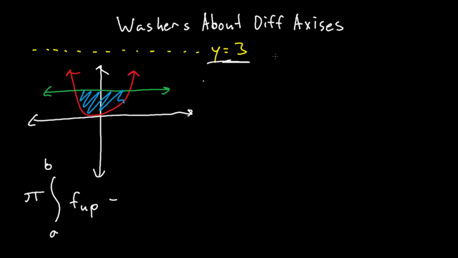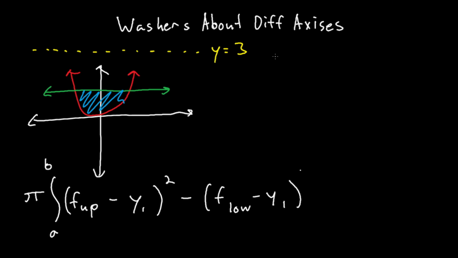So the new axis y value, let's treat this as y1, squared, minus f lower minus y1, squared, dx. So this y1 is just the height of the axis, or the y value of the axis that you're rotating the function about.